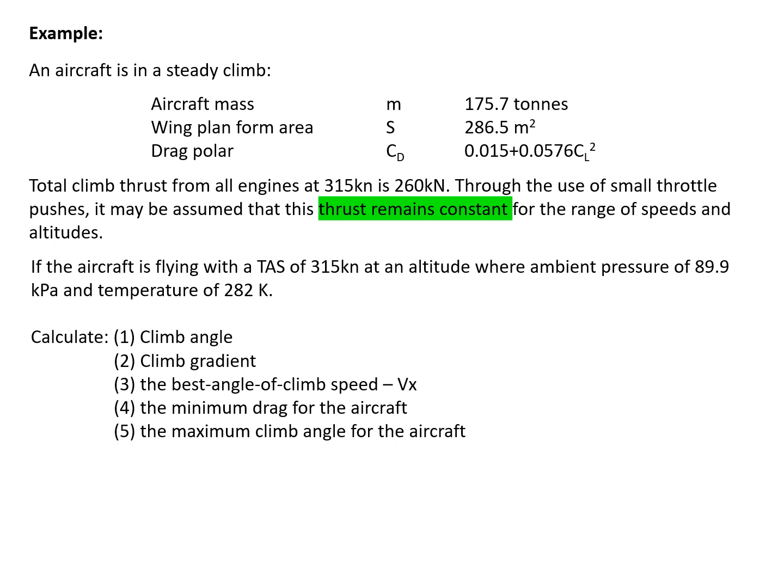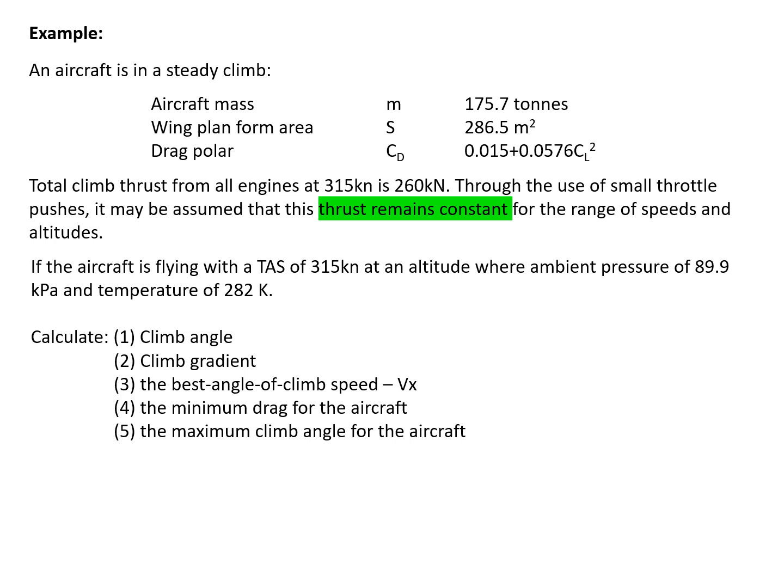The total climb thrust from all engines at 315 knots is 260 kilonewton, so we assume the thrust is constant. Through the use of small throttle pushes, it may be assumed that the thrust remains constant for the range of speeds and altitudes. The aircraft is flying with a true airspeed of 315 knots at an altitude where ambient pressure is 89.9 kilopascal and temperature is 282 Kelvin.